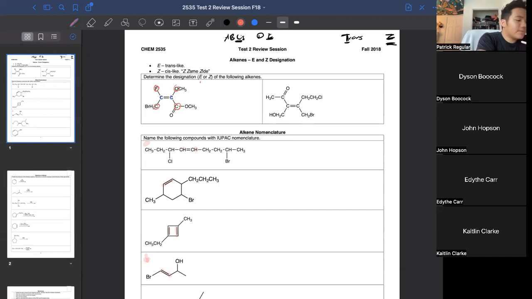So you decide by the highest atomic number. For this pair right here, F versus C, fluorine's a lot bigger. So fluorine gets priority. For this pair right here, O versus C, O is a lot bigger, so O gets priority. If these are on the same side, what is the conformation?